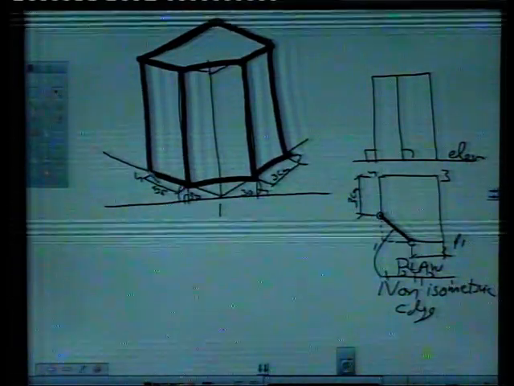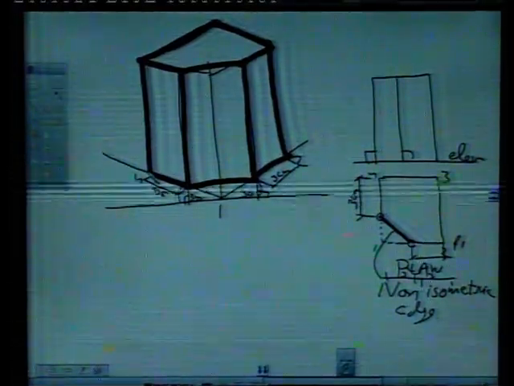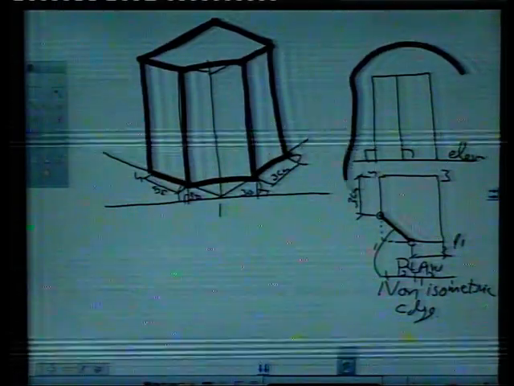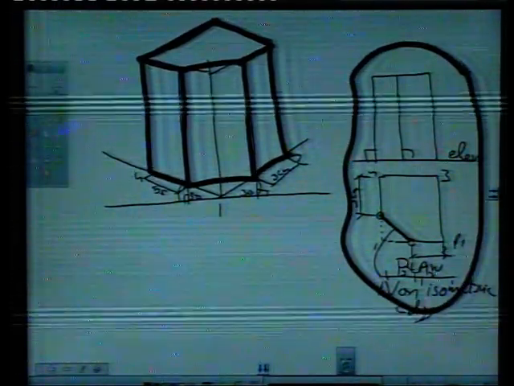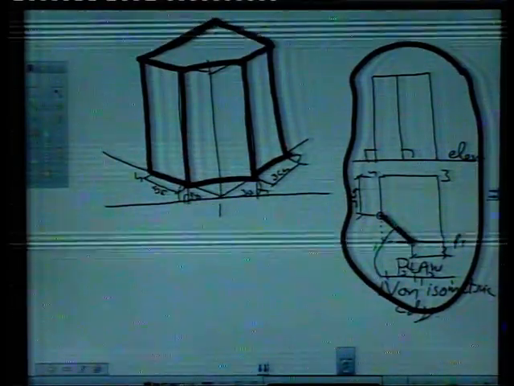And guidelines should remain there, you need not erase these lines. So this gives us isometric drawing of this orthographic projection which has a non-isometric edge. I hope this is clear to you.